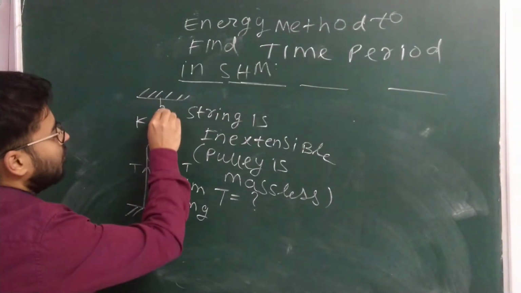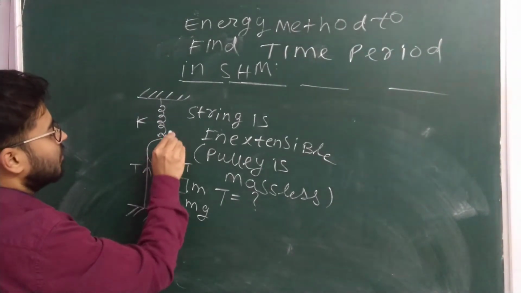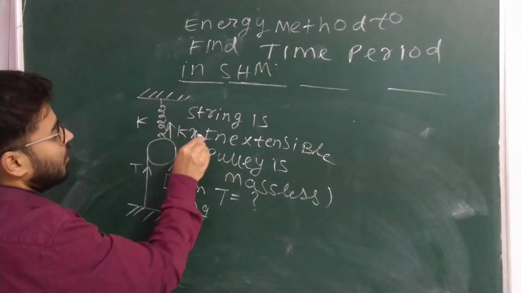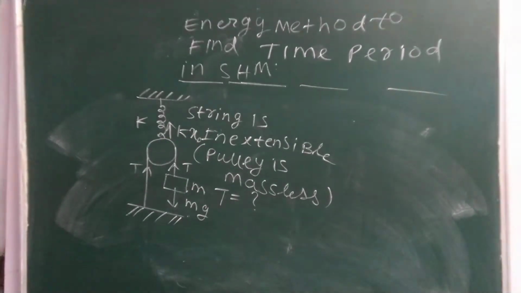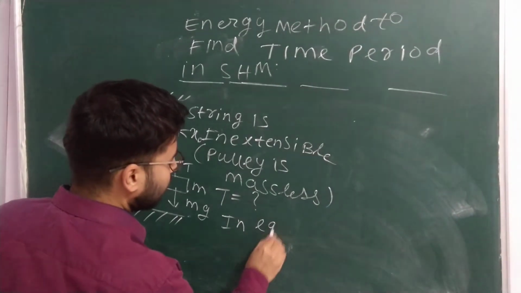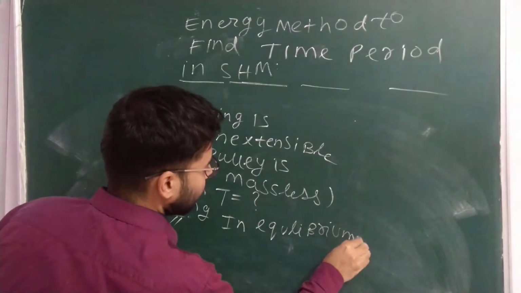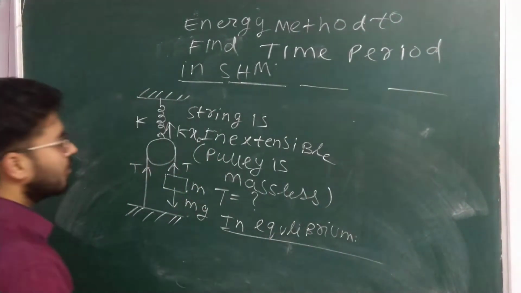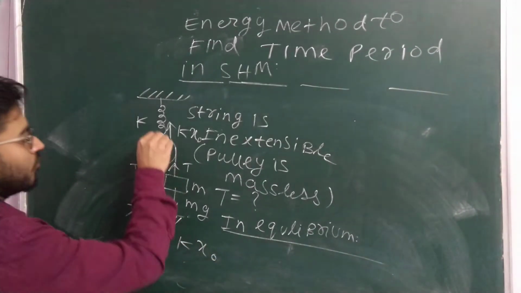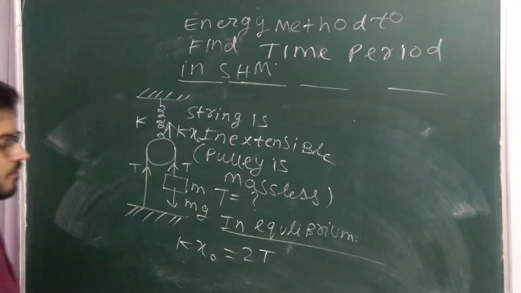Then what is going to be the force acting here in this direction? It will be K times x0. So in equilibrium, Kx0, the force acting due to the spring, will be balancing the tension, which is 2T.